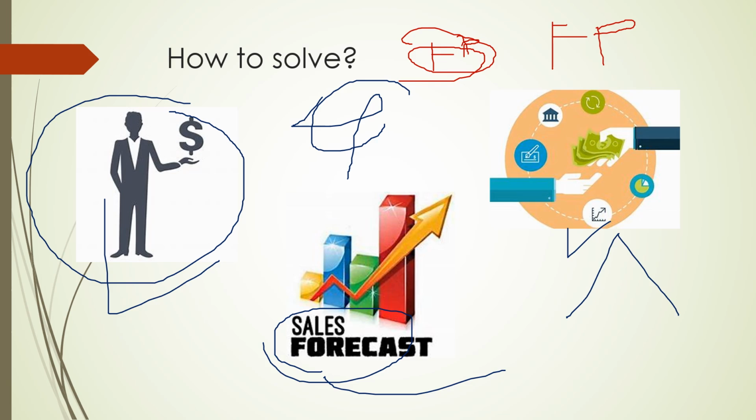So write about financial planning and link it with this case. If he is doing sales forecasting, or thinking about the availability of funds, this means this is financial planning.